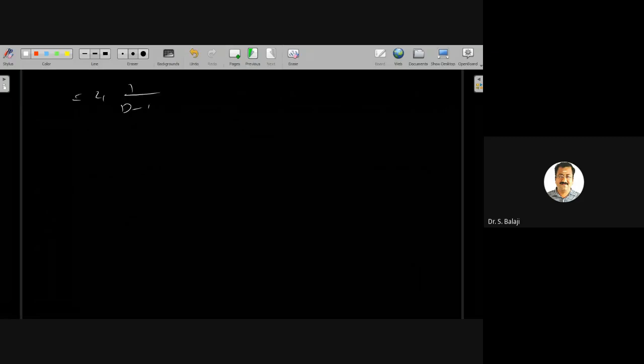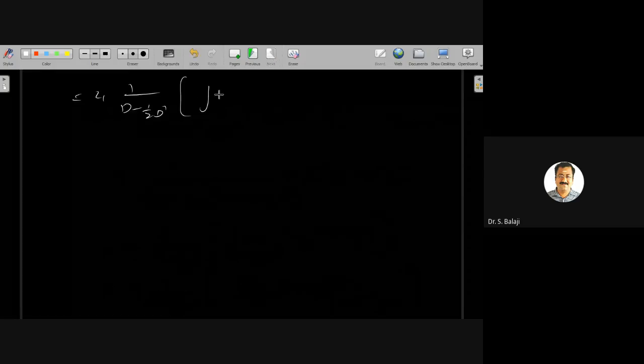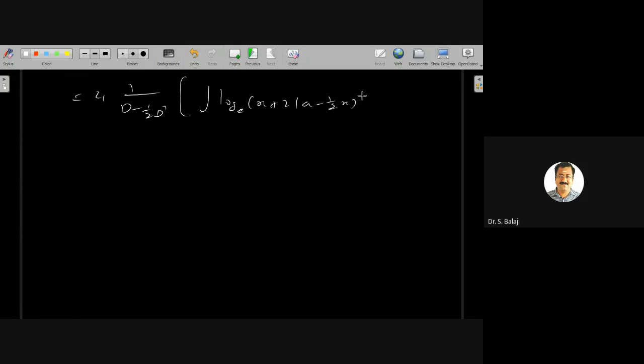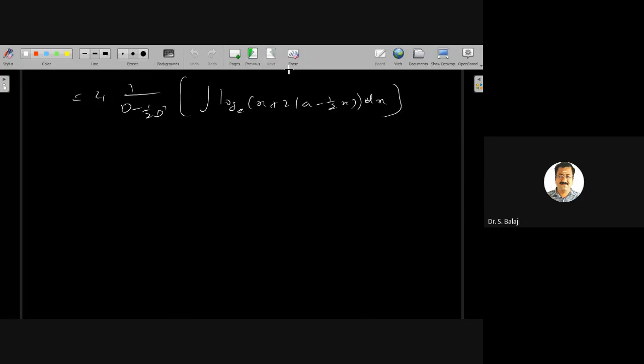Then that is equal to 4 times 1 by D minus half D dash integral of log of x plus 2y dx, where y can now be written as a minus half x.